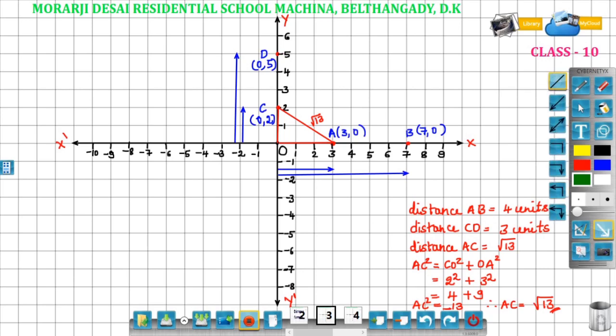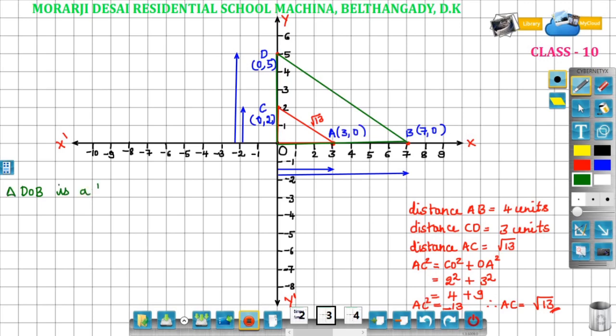In the same way, you can find distance between the points B and D. Line BD makes right triangle with x-axis and y-axis. That is, triangle DOB is a right triangle where DB is the hypotenuse.